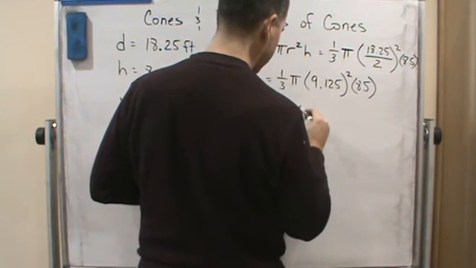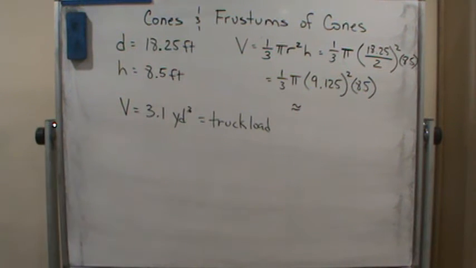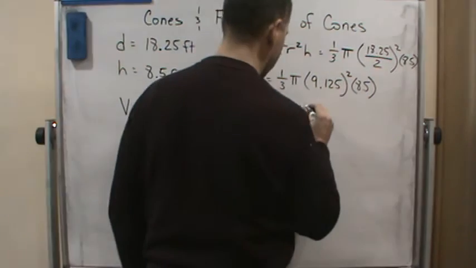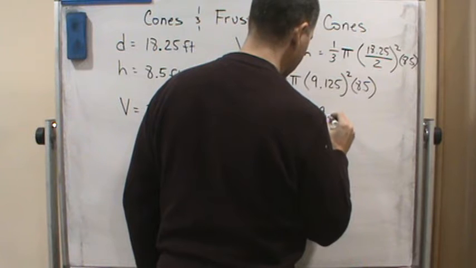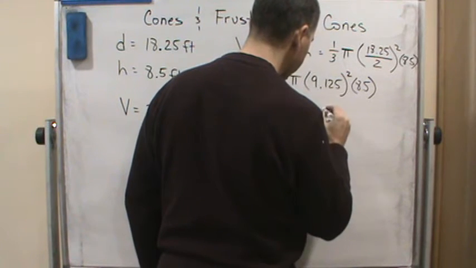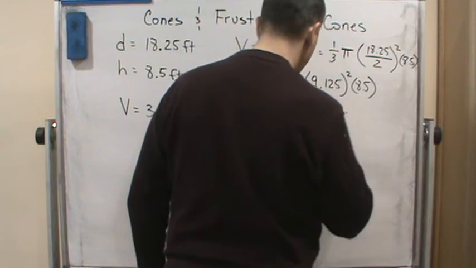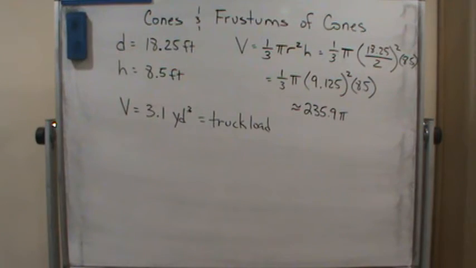And this is going to give you an approximate volume of, let me just double check, 235.9 pi cubic feet.